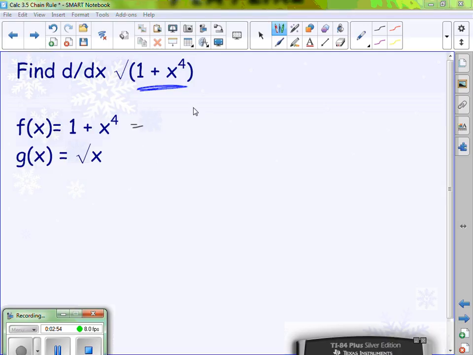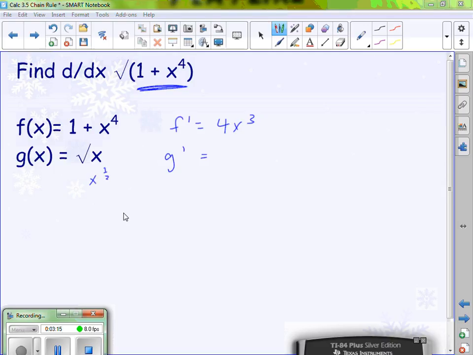I'm going to find the derivative of f. So f prime is going to be 4x cubed. For g prime, now square root really means to the half.